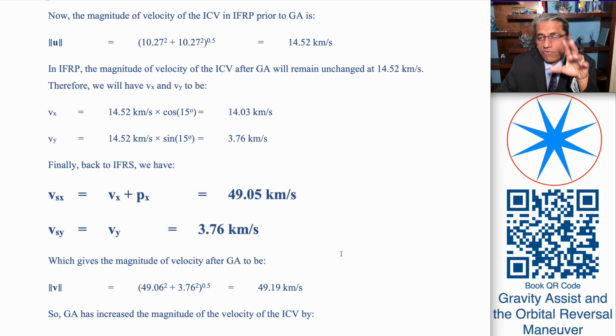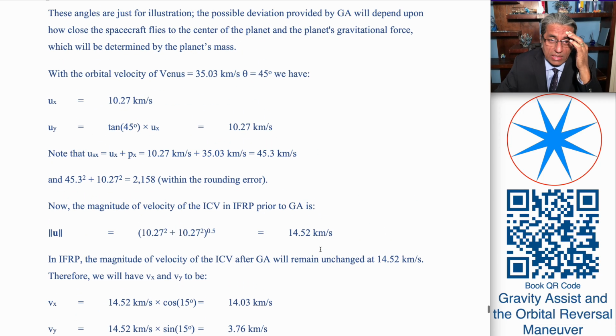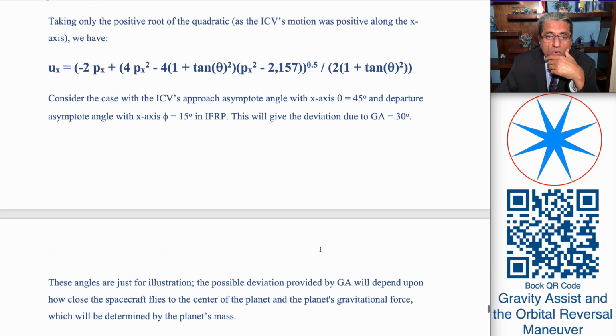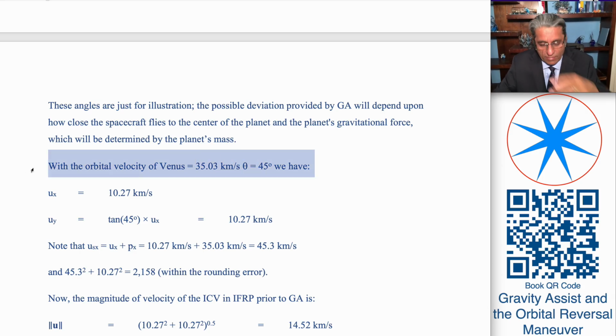And this is solving for the situation where you're getting a gravity assist from Venus, and the velocity of Venus was 35 kilometers per second.